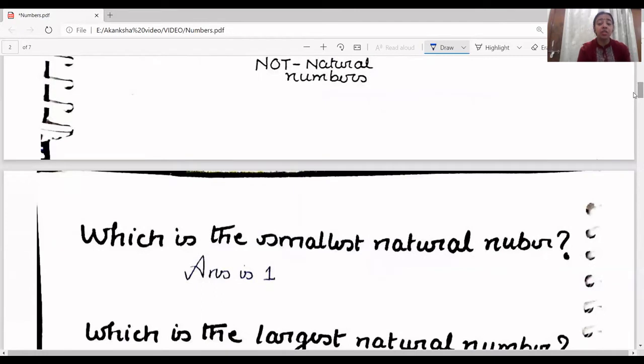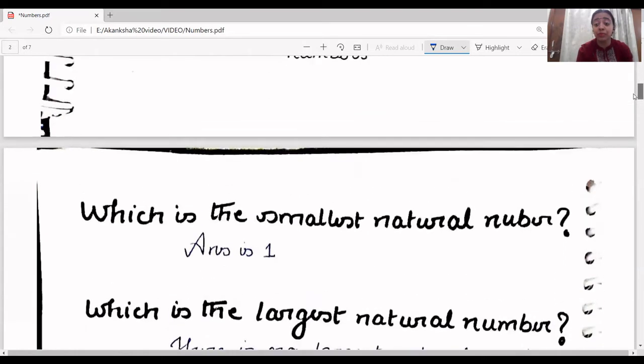Now, coming to more questions. Can you answer what is the smallest natural number? Okay, so the answer is straight in front of you. The smallest natural number is 1. Now, if the smallest natural number is 1, the second question that is coming towards you is what is the largest natural number? Let me hide the answer from you guys. So, largest natural number, any guesses?